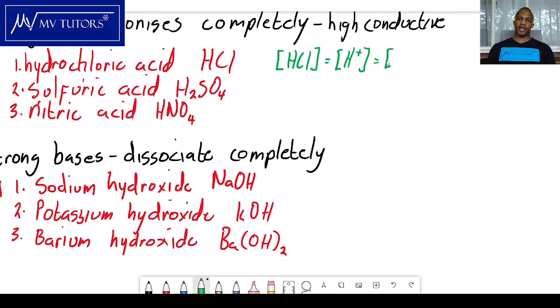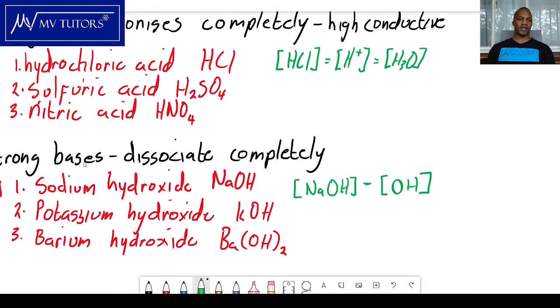That is H3O. This will be very important in calculation. Also, for a strong base like sodium hydroxide, the concentration of sodium hydroxide is always going to be equal to the concentration of hydroxide.